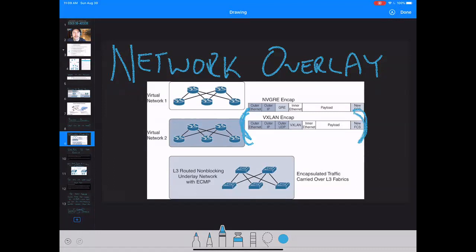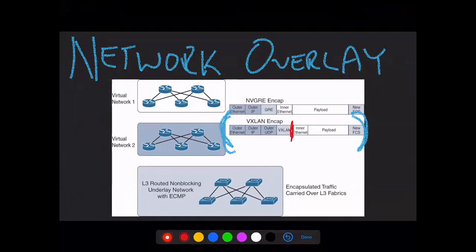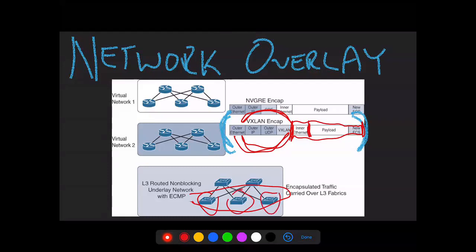In VXLAN, you take the entire layer 2 frame from your host, including the layer 2 Ethernet information, and then you encapsulate it, and this is going to be your frame leaving the access switch.